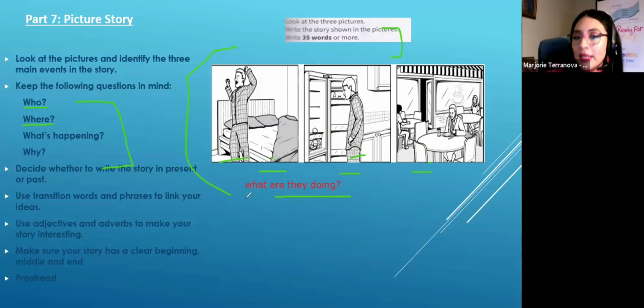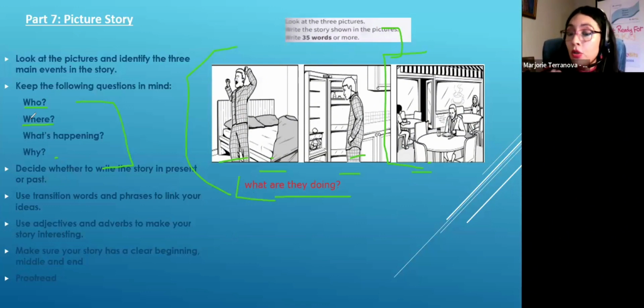So what is happening? I already answered that, when I said the main ideas. Why? Well, here, I'm pretty sure, what is the reason that he went to the restaurant? Well, because there was no food in his house, probably. I can ask that, okay? Now, should you write this story in present or in past? Now, remember that at A2, students should already know the simple past.